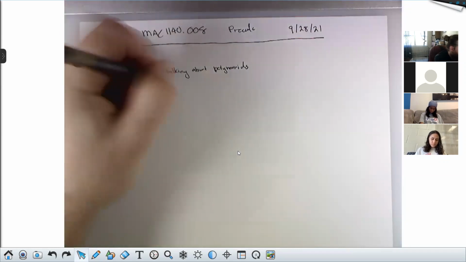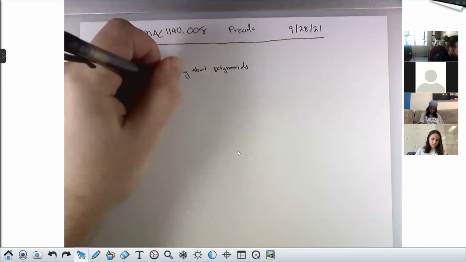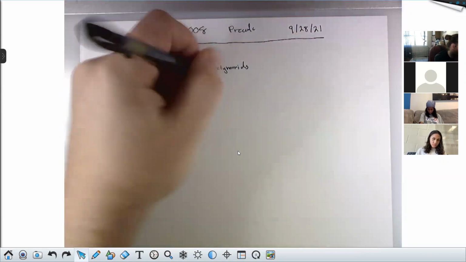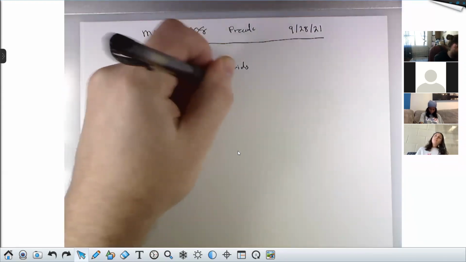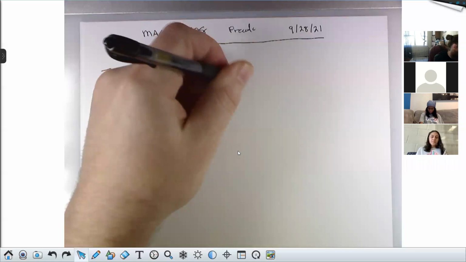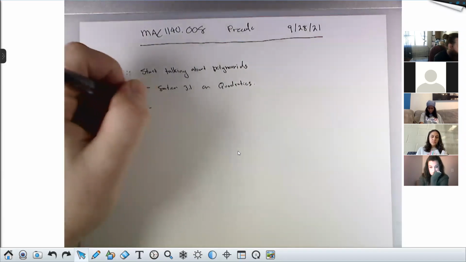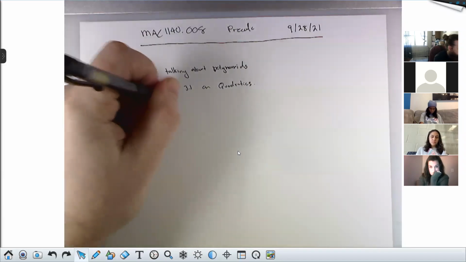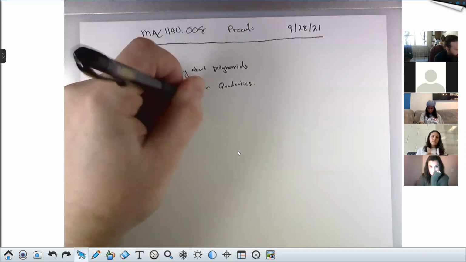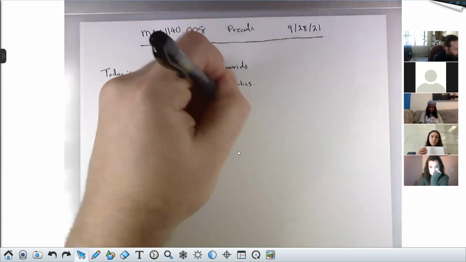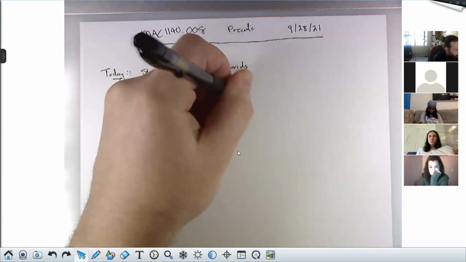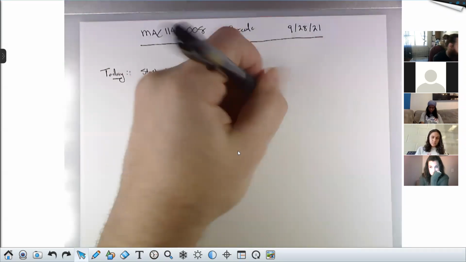Specifically, we're going to go through section 3.1 on quadratics. And if there's time, we may move a little bit beyond that. We may talk about section 3.2 on polynomials and their graphs.